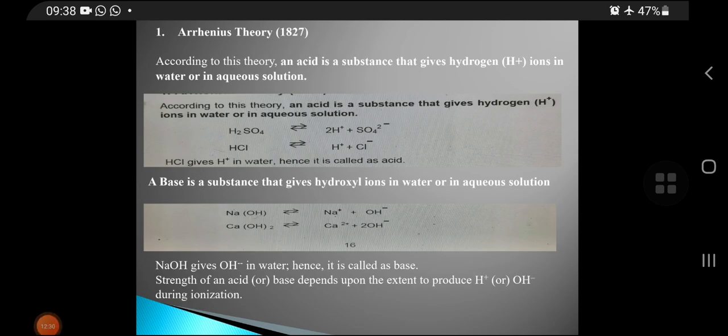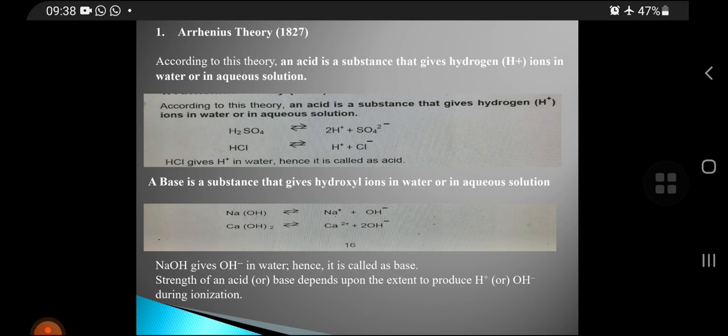Again, we recall the Arrhenius theory. The acid base concept is classified into many types of theory. The first one is Arrhenius theory, discovered by the scientist Arrhenius in 1827. Arrhenius said an acid is a substance that gives hydrogen plus ion in aqueous solution.